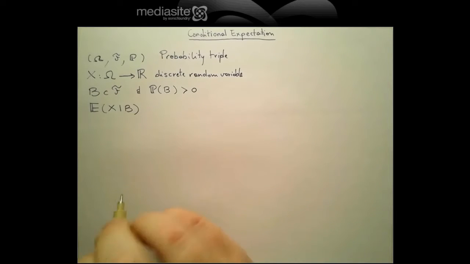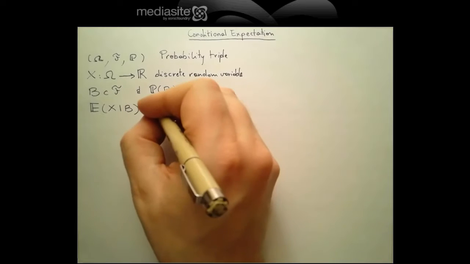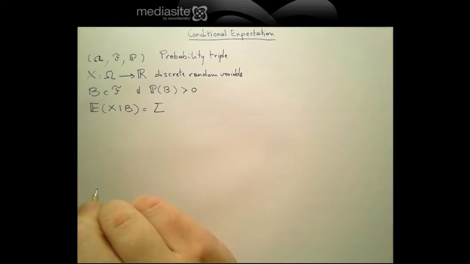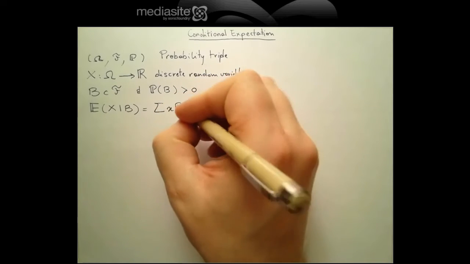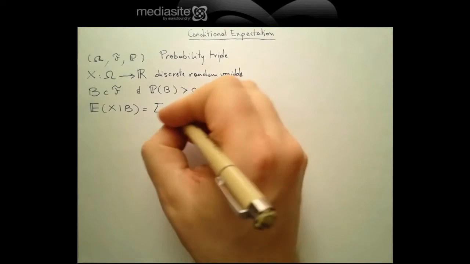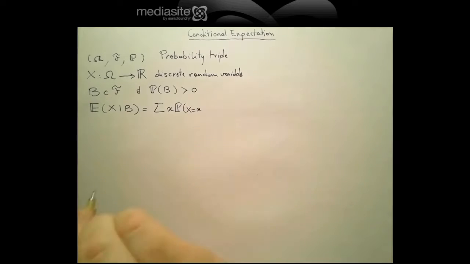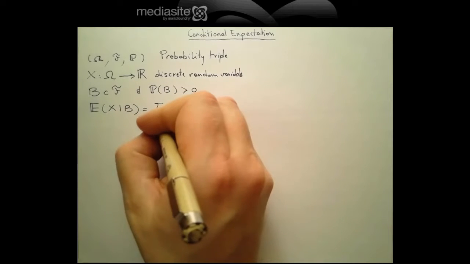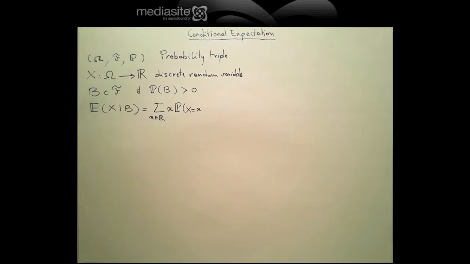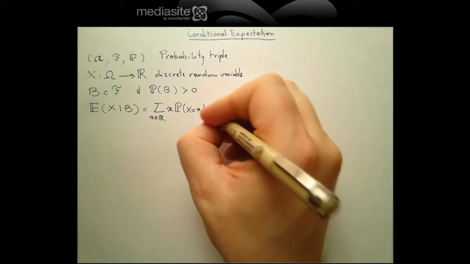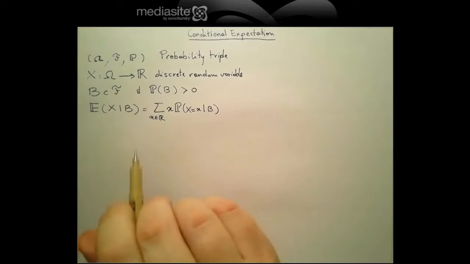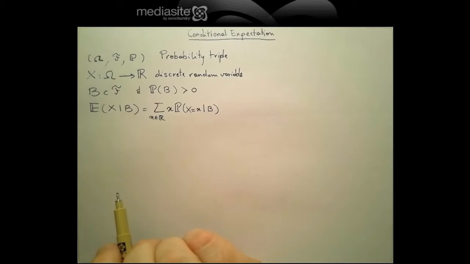And how does that work? Well, it's the same formula as for expectation. So you look at the places where X is equal to some little x, multiplied with its probability. This has to be taken over all possibilities. But the difference is that now we're going to condition on B. Okay, that's the only difference from the formula for expectation.